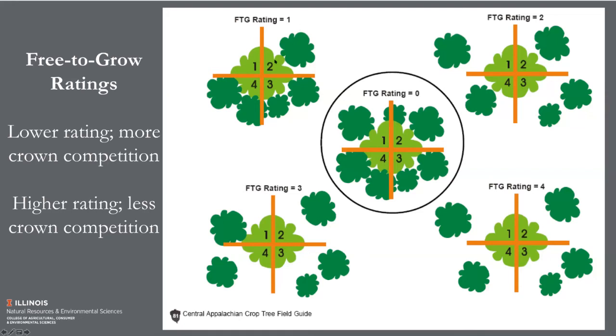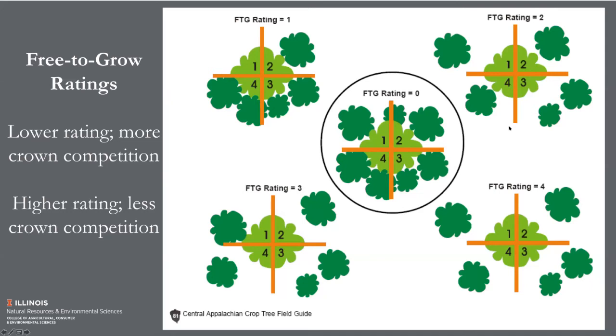And in quadrant 2, quadrant 3, and quadrant 4 of this crop tree, we have non-crop trees that are directly touching or competing with the crown of our crop tree. So that means that we have to remove or kill the trees in those 3 quadrants.